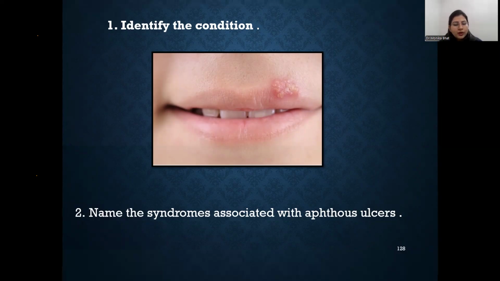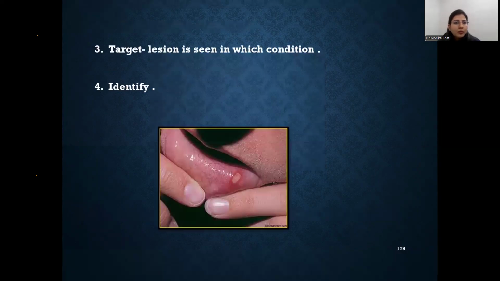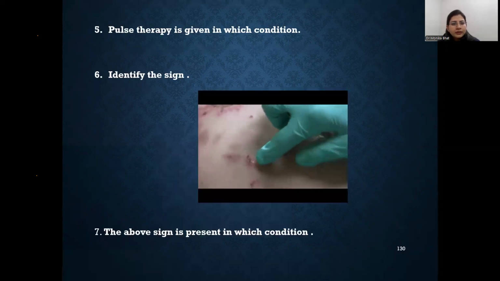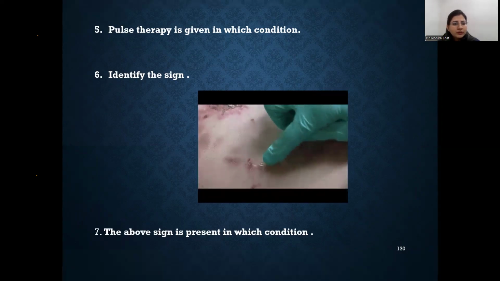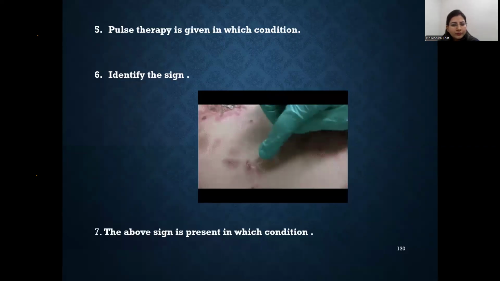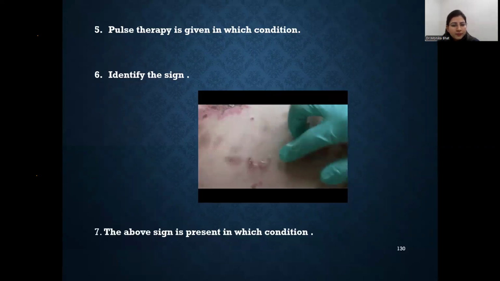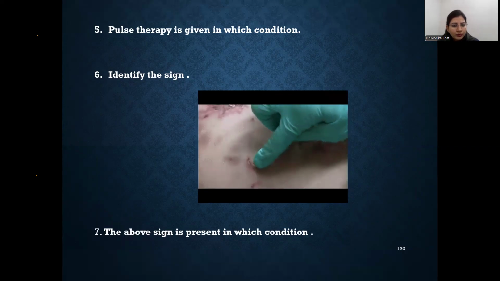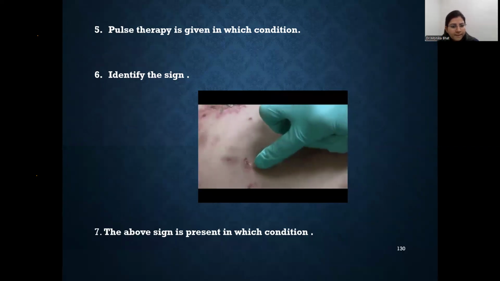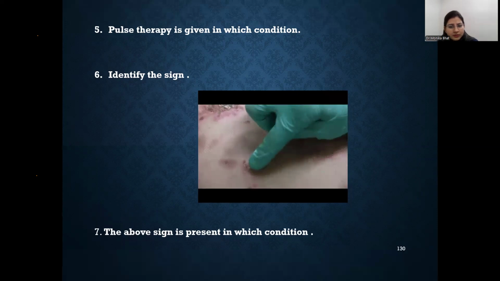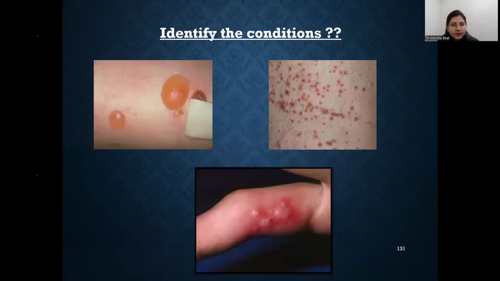You need to answer the syndromes associated with this aphthous ulcer, what target lesion is seen in this condition, identify what kind of pulse therapy is given in which kind of condition, and what kind of sign the person elicits in the video. The above sign is present in which condition.